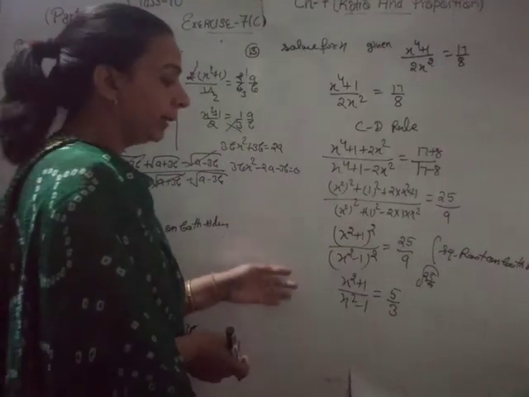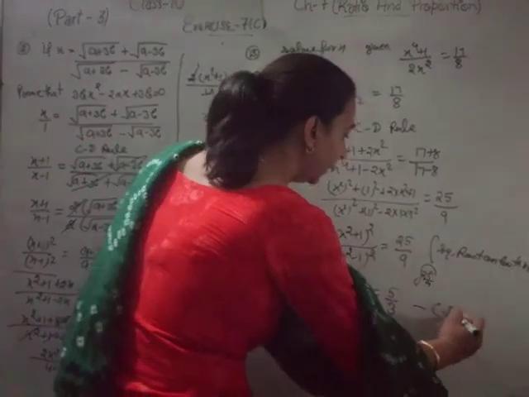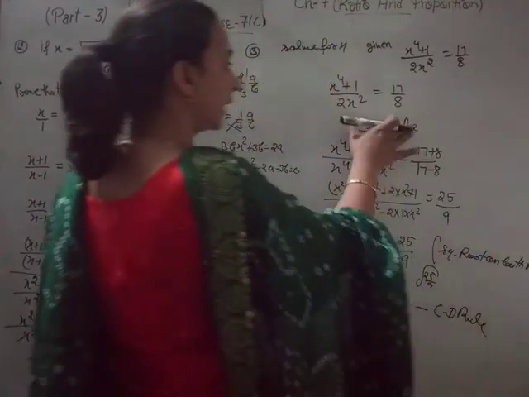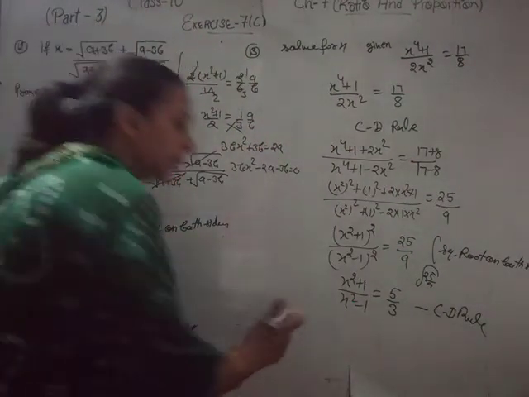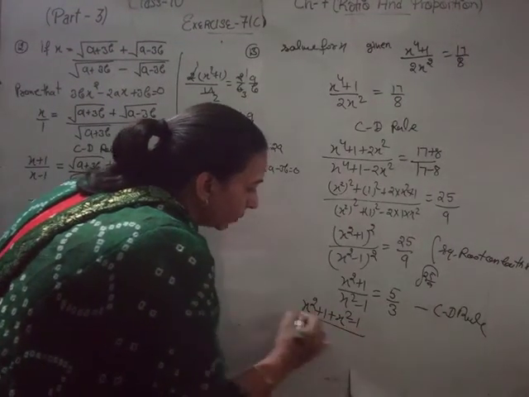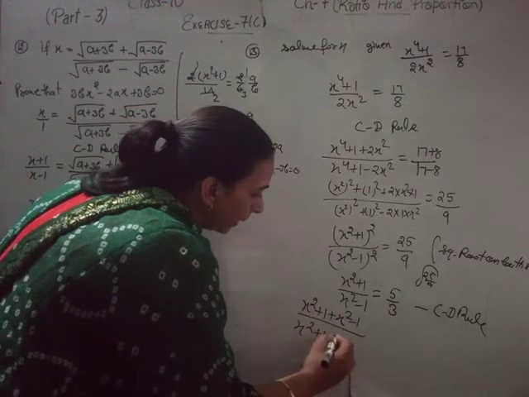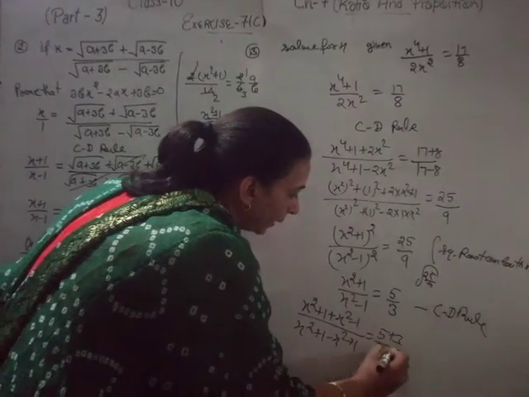Okay, again apply componendo and dividendo. Again CD rule, second time; first time here, second time here. Then with the CD rule, (x²+1+x²−1)/(x²+1−x²+1) equals (5+3)/(5−3).